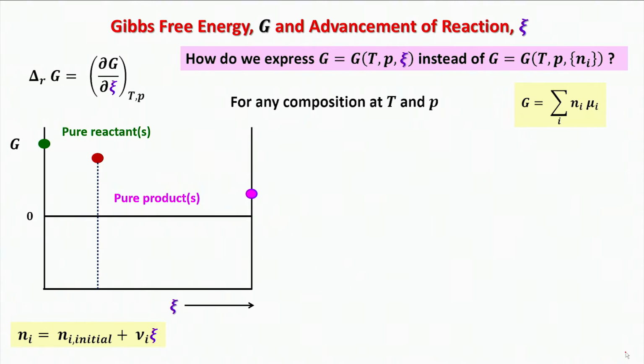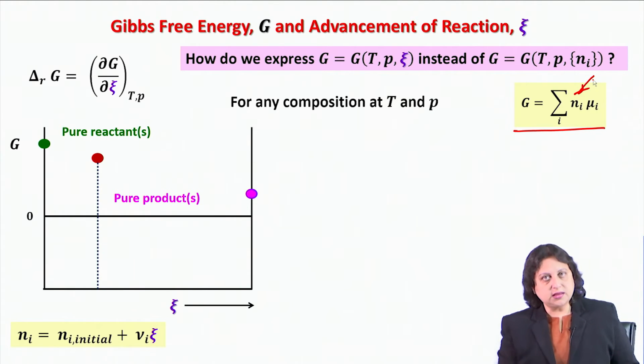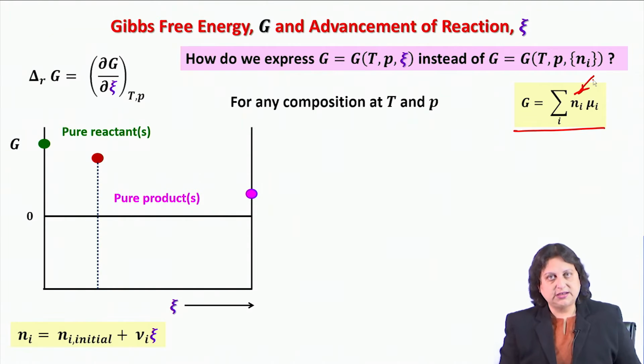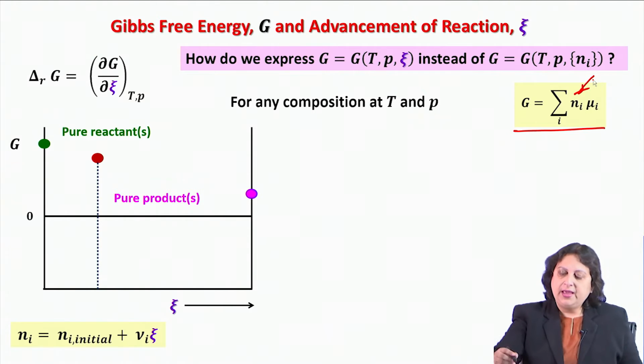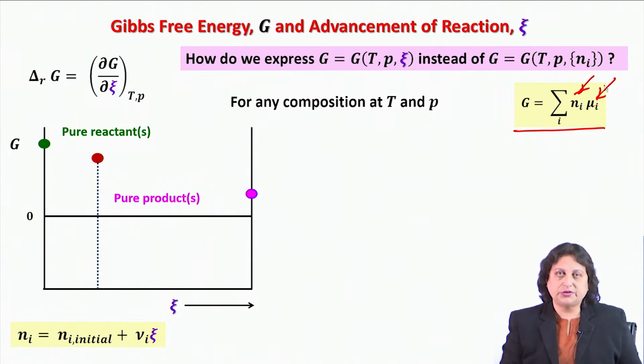So we understand that for any composition, temperature and pressure, G is given by a sum of Ni into mu I, where Ni is the number of moles of the ith component, which may be a reactant or a product in the reaction mixture, and mu I is the chemical potential of that ith component at that temperature and pressure that we are talking about.